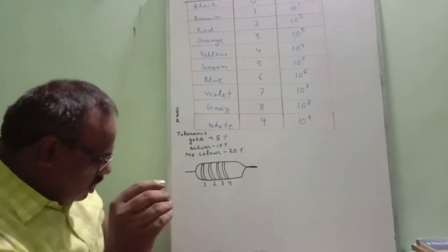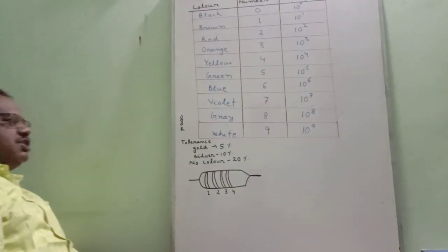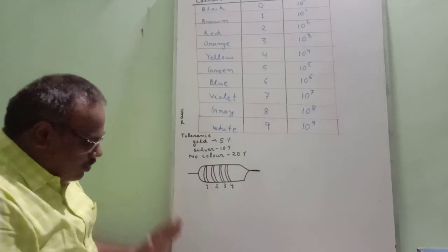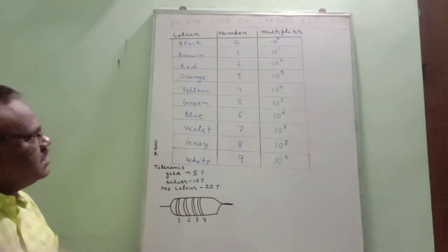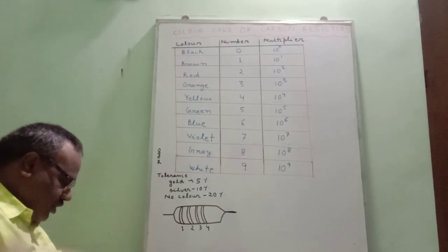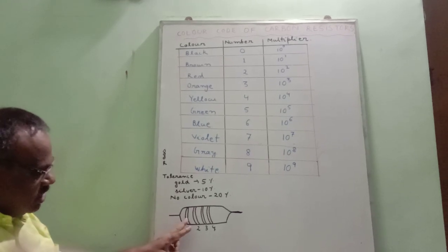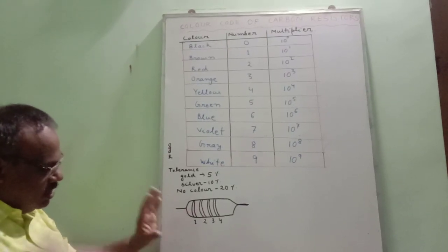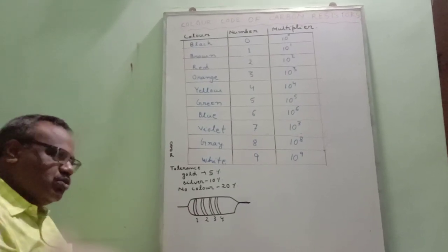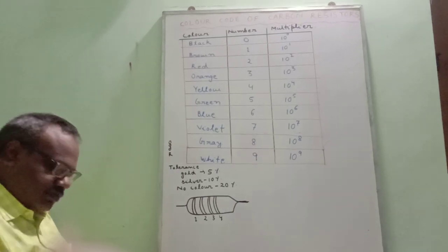From these color bands you can find the resistance of the resistor. In each type of resistor there are usually 3 or 4 colors.